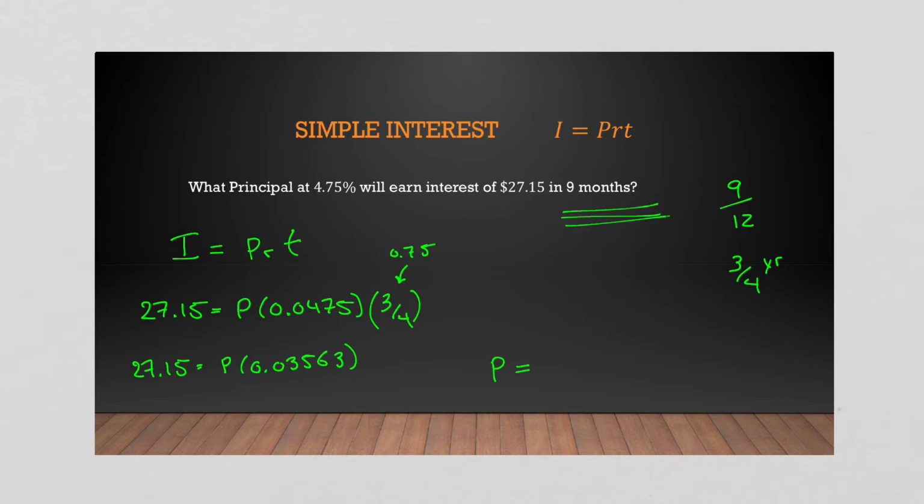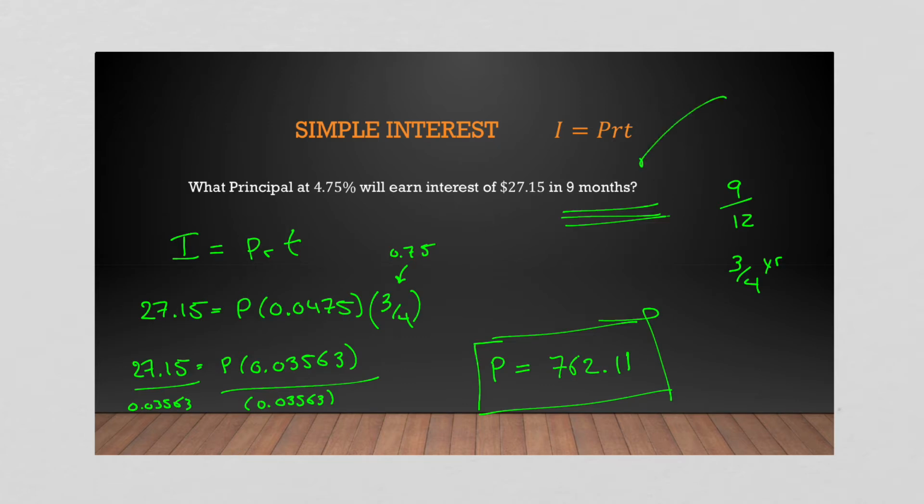So 27.15 divided by that, and you get 762.1, and I'm rounding to 1 because we're talking money. So that would be my principal, right? I'm dividing by that number on both sides. So you're doing just a bit of algebra to solve for the missing information. By this point, I'm sure you're comfortable. This would be the hardest part, making sure our time is actually in years.